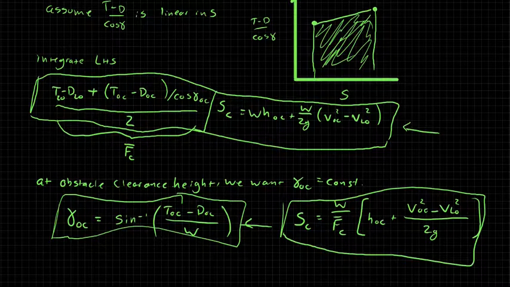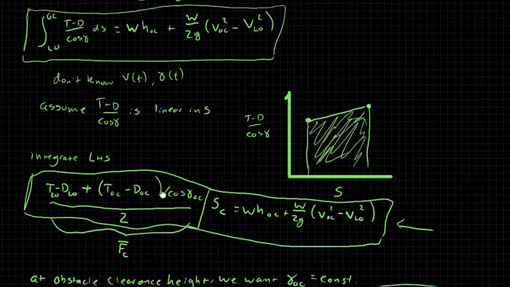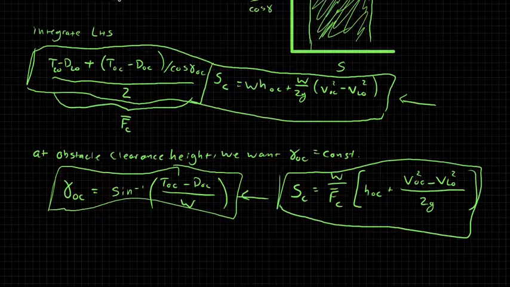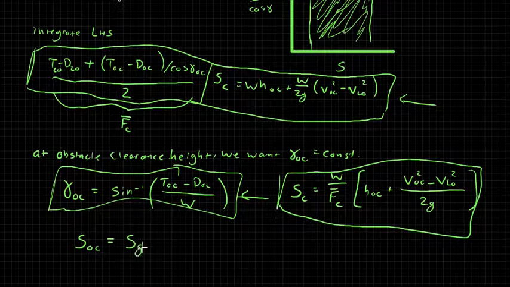And so there you have it, a way to calculate the S sub C, which then, of course, one last piece, our total FAR takeoff length is going to be S G plus S C, which is the same as S A plus S R, rotation distance.